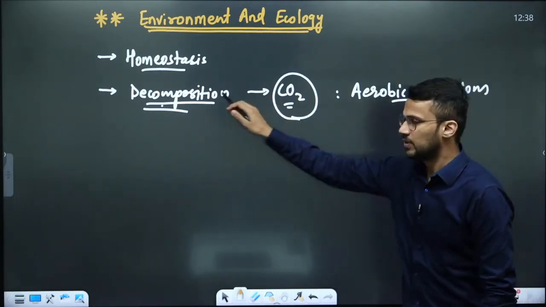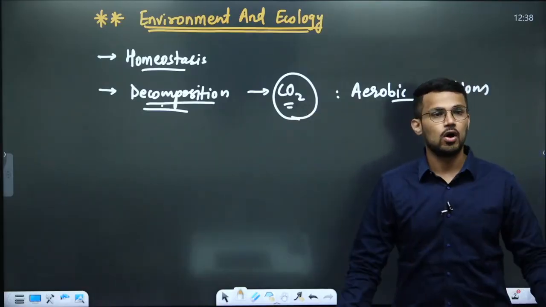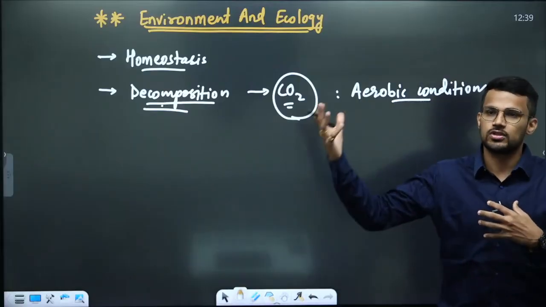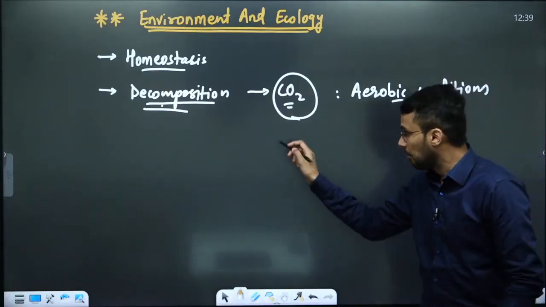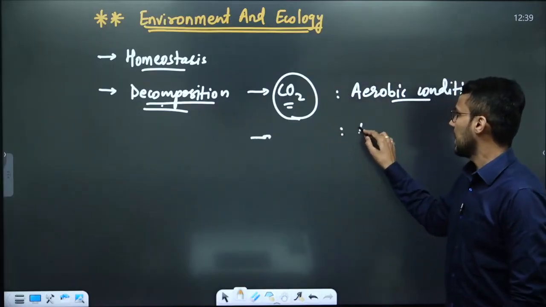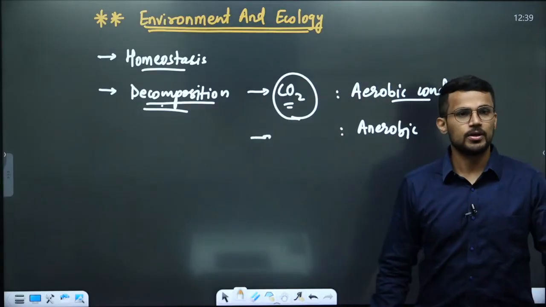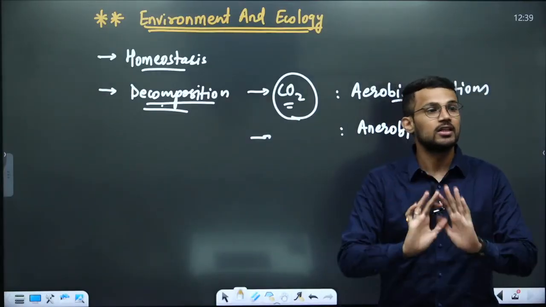When the process of decomposition occurs in aerobic conditions, it leads to emission of CO2. Why? Because during aerobic conditions, oxygen would be utilized and CO2 would be exhaled out. But if the conditions are anaerobic, oxygen deficient conditions, then CO2 will not be emitted.